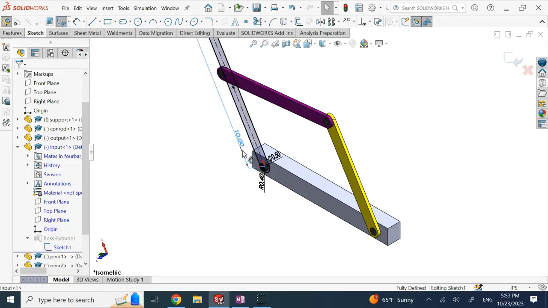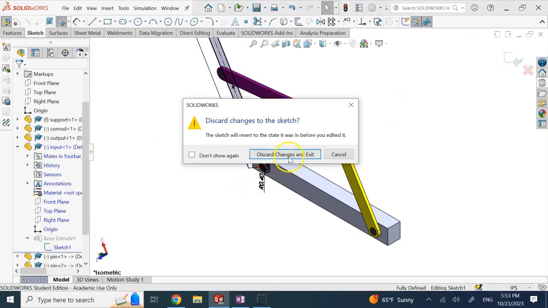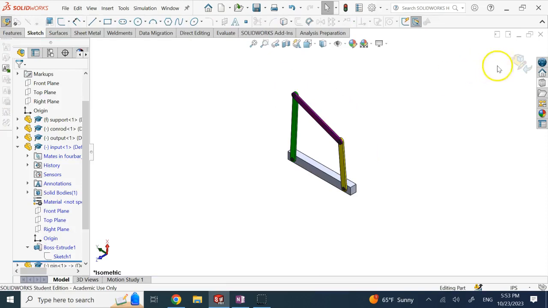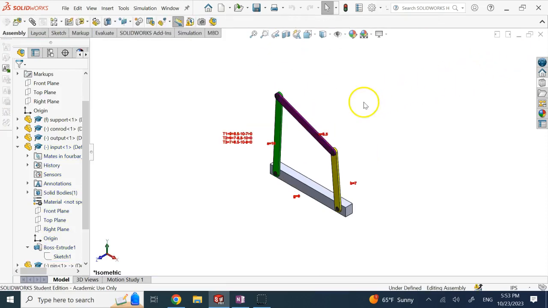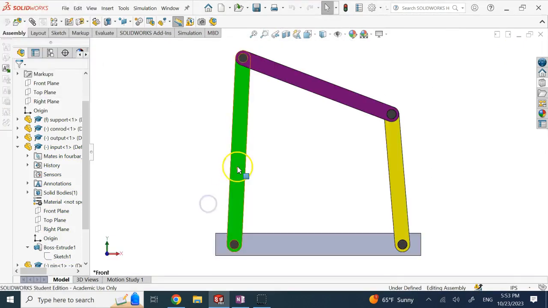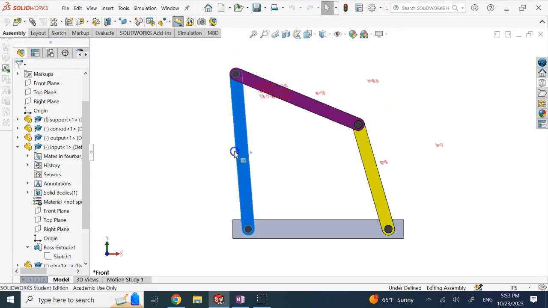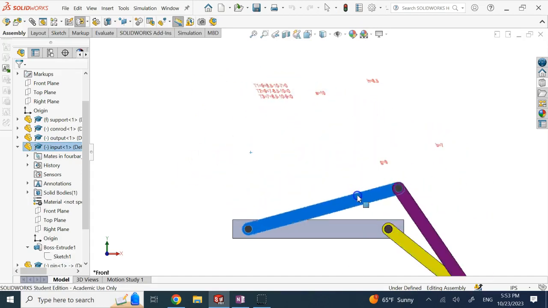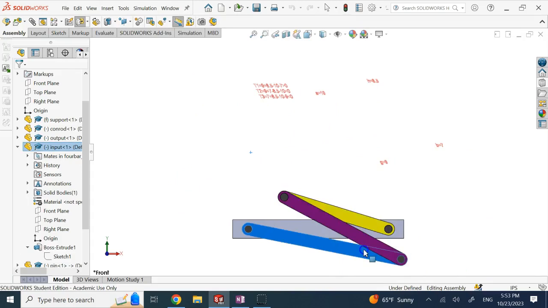So here we go. Double click here and change it to 10. And since I have the constraint, it will automatically update. There we go. So now let's see what happens if we do it again. This time, this is my input. Look what happens. You see here, it locked already, and it also locks on this angle.